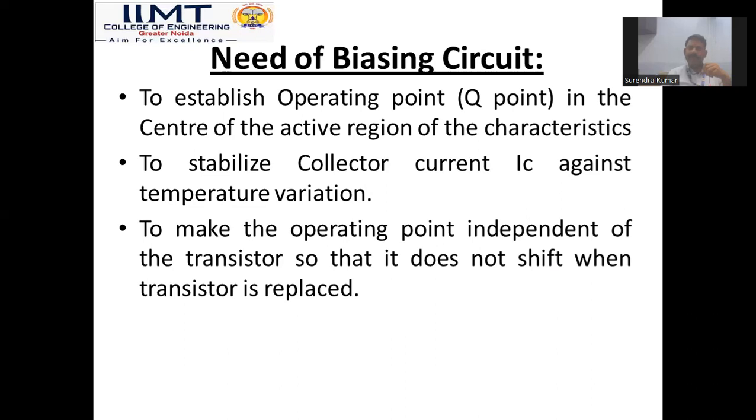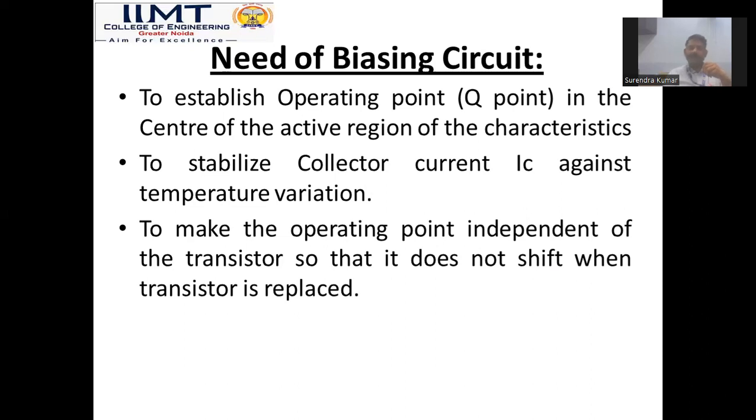It may be 100.1 or 99.9. For this very small variation, we will have some change in collector current, and this change will definitely affect the operating point of the transistor.